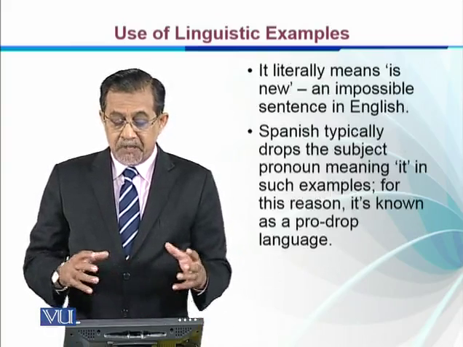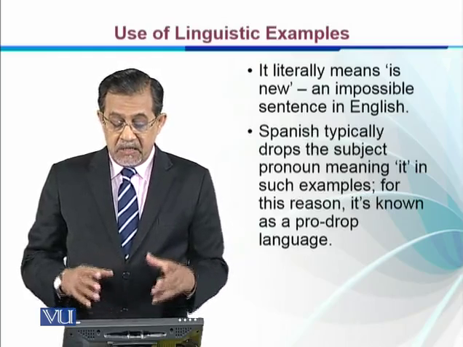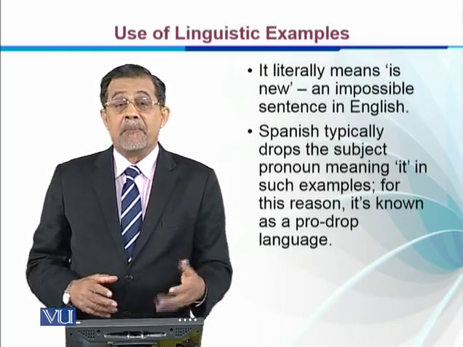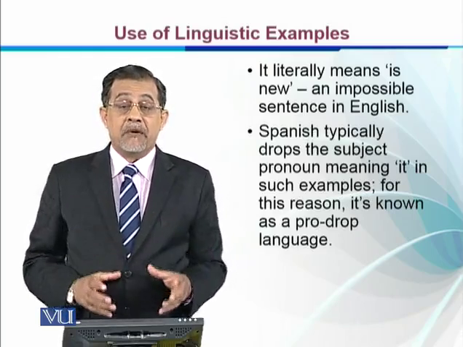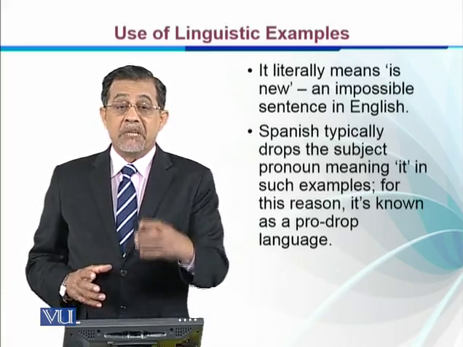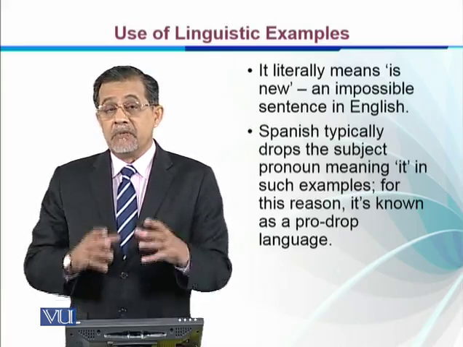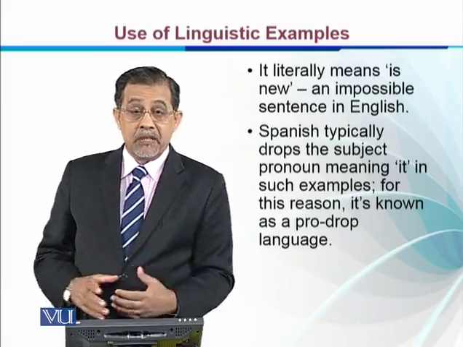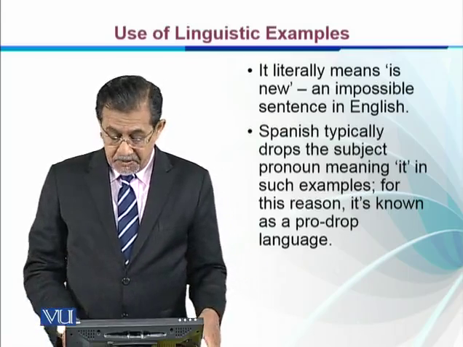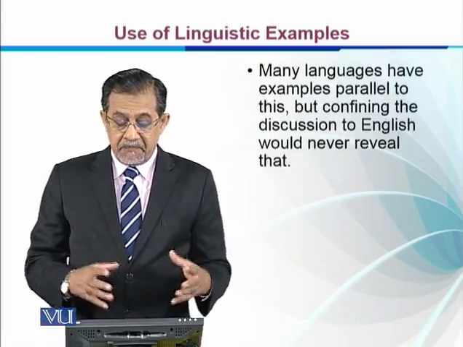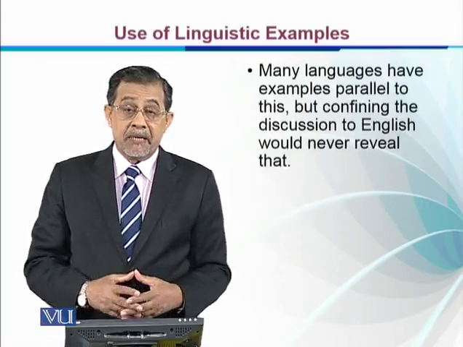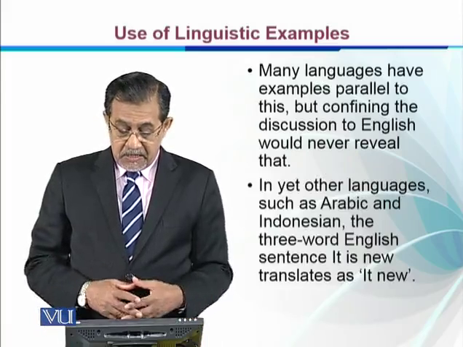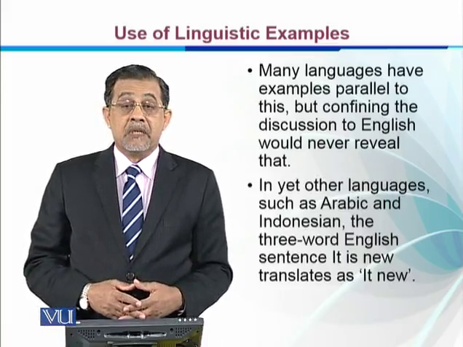Spanish typically drops the subject pronoun, meaning it. For this reason, it's known as a pro-drop language. So this is a type of language which is a pro-drop language. It means that certain pronouns which are understood in the context are dropped. Many languages have examples parallel to this. For example, Arabic has this, and many other languages, Indonesian too.